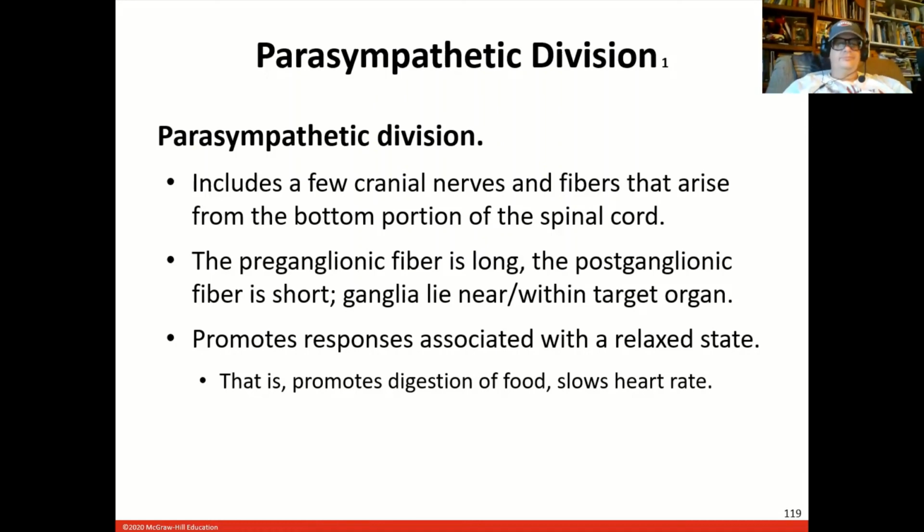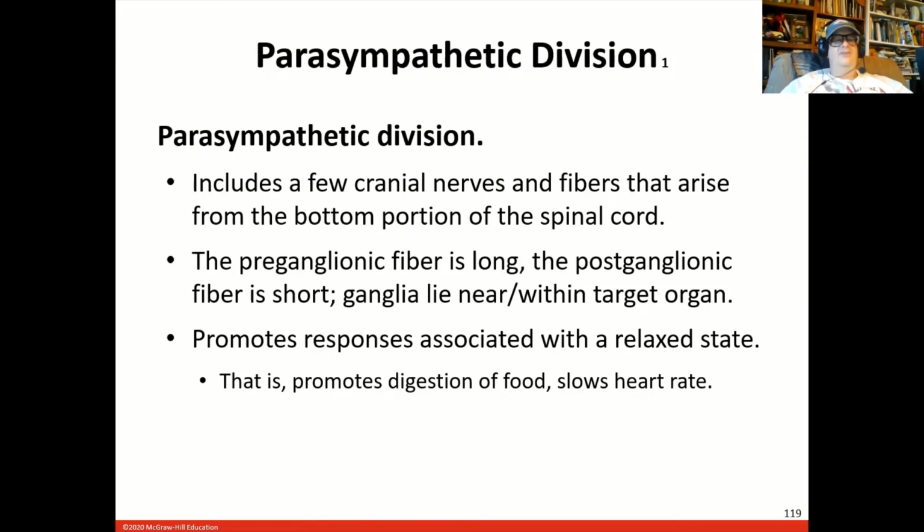And in this case, it's the opposite. The parasympathetic is the opposite of the sympathetic in where the ganglia is. So in parasympathetic, the preganglionic nerve fiber is super long. And then when you get close to the organ, you have a postganglionic cell.